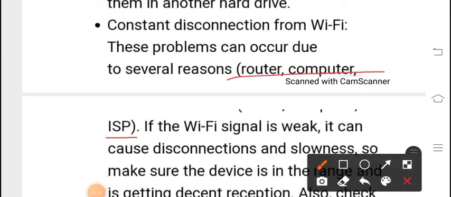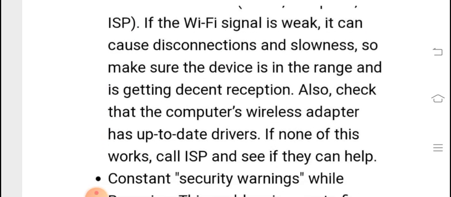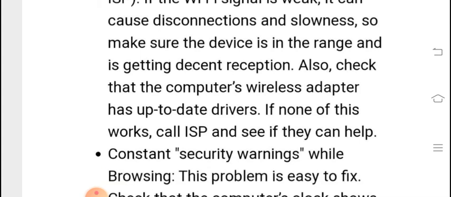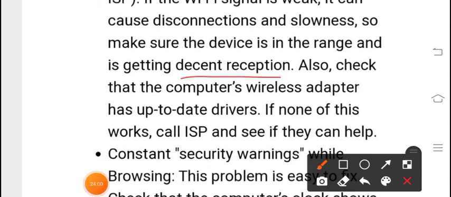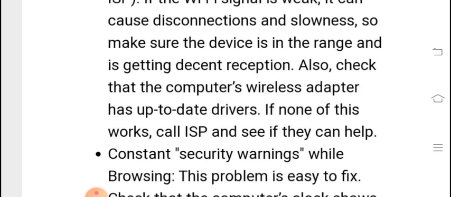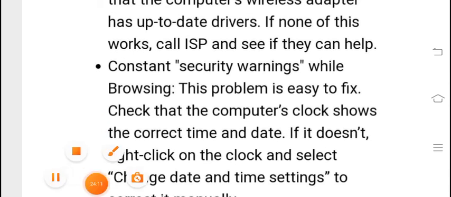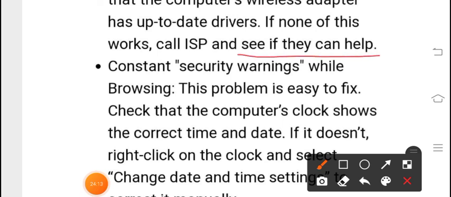If the Wi-Fi signal is weak, it can cause disconnection and slowness. So make sure that the device is in range and is getting decent reception. Also check that the computer's wireless adapter has up-to-date drivers. If none of this works, call the ISP and see if they can help.